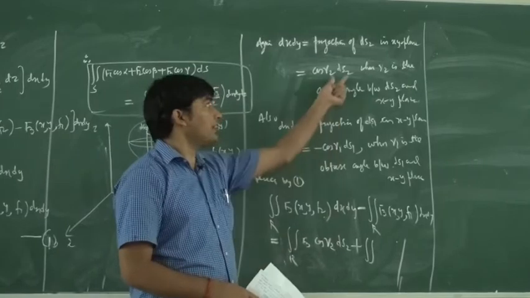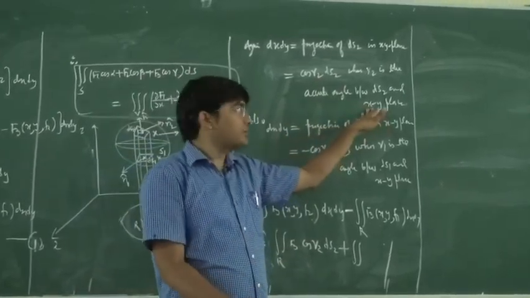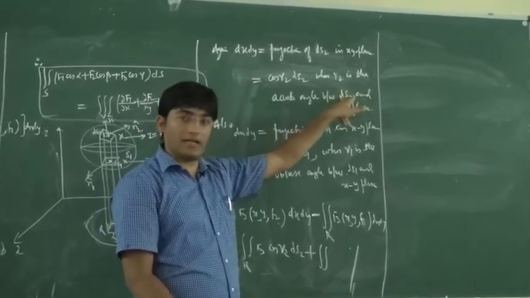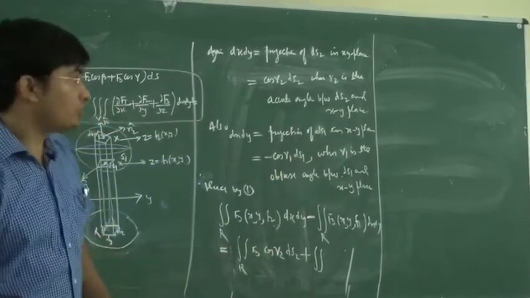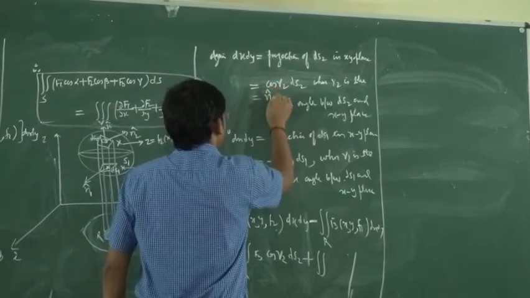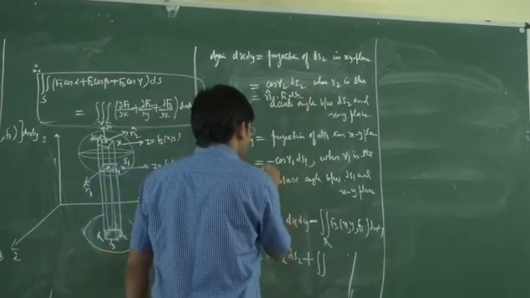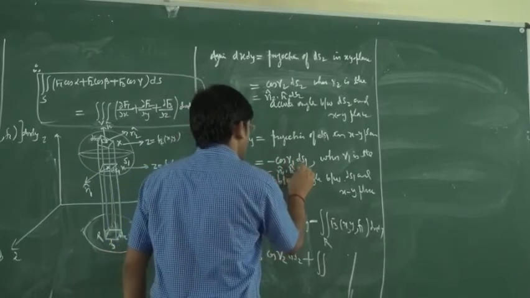Gamma 2 is the angle between dS2 and the xy plane, which is the same as the angle between n2, the normal to dS2, and k cap, the normal to the xy plane. So cos gamma 2 dS2 is n2 dot k dS2, and again it is the same as minus n1 dot k cap dS1.